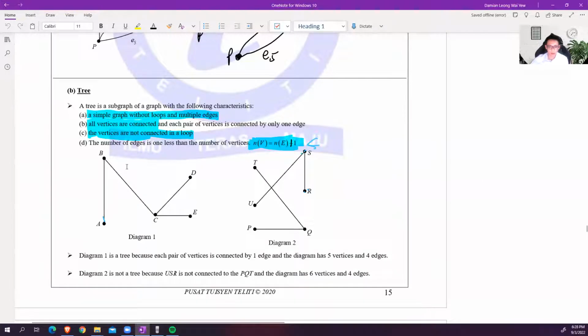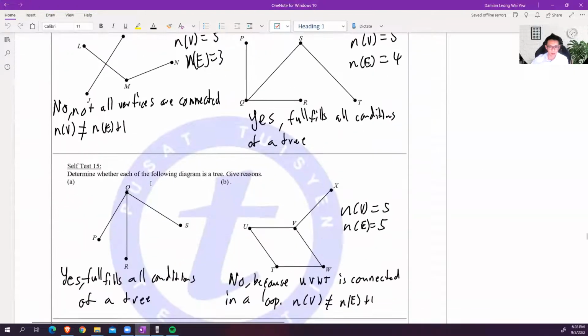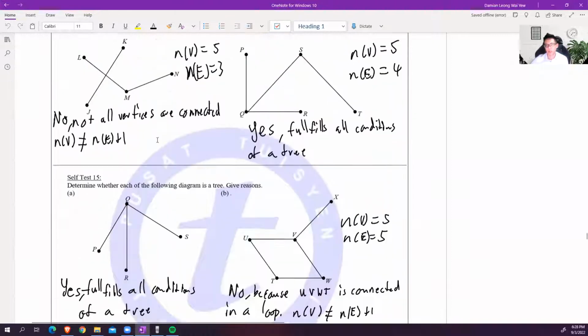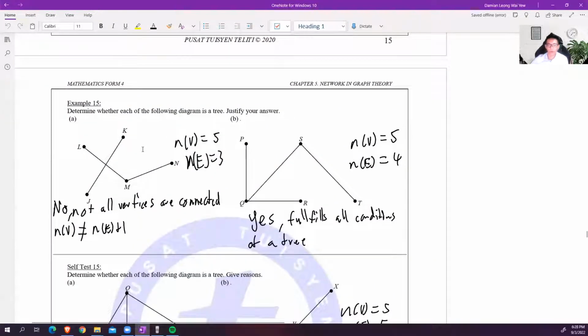Like if I connect like this is a loop. These 4 points create a loop. It can keep going on and on. Branches like that is a tree. And all the points must be connected. Like this one, this, and the K and J are not connected to each other. So it's not a tree.